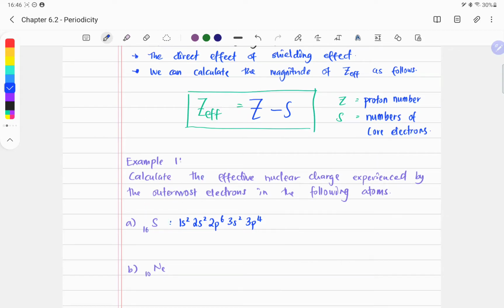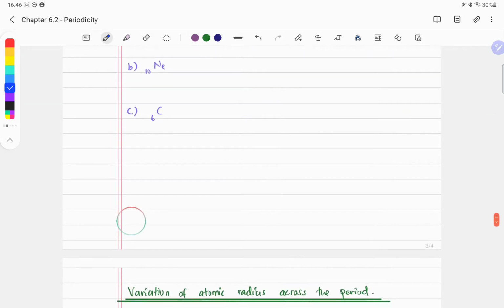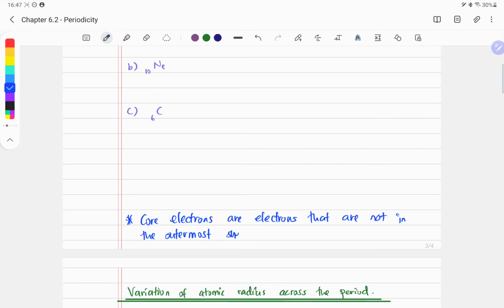Core electrons, what it is, saya tulis di bawah ni. Core electrons are electrons that are not in the outermost shell.